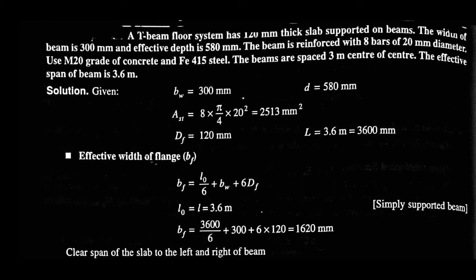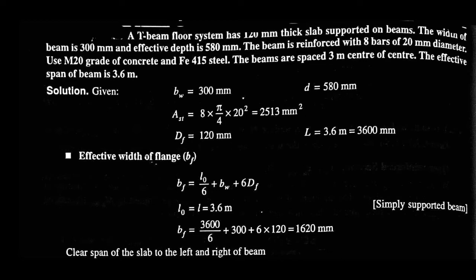So first of all, we have to find out effective width of flange, small bf. So the formula as per IS 456 2000 for effective width of flange for T-beam is bf is equals to L0 by 6 plus bw plus 6 Df.